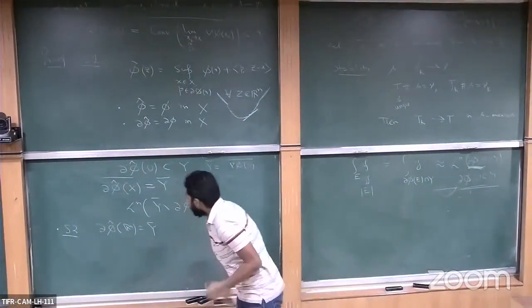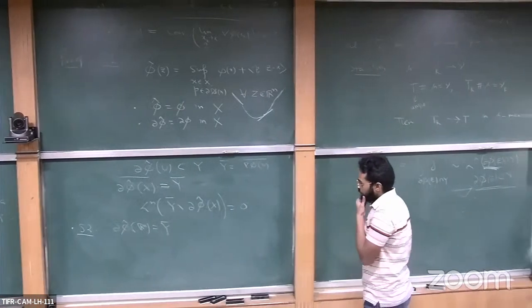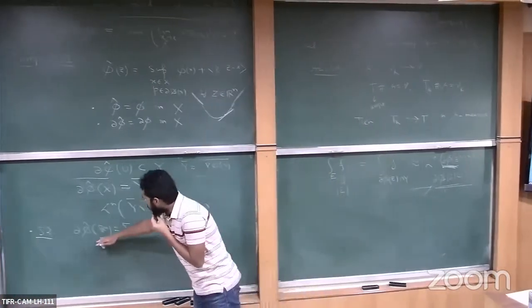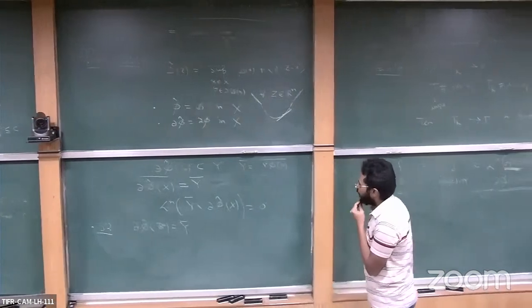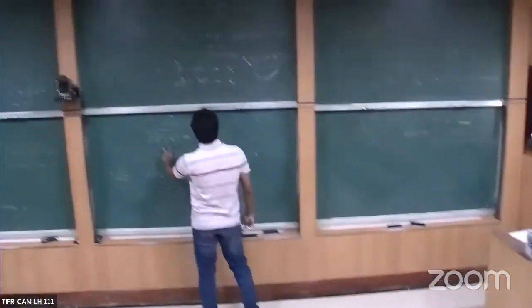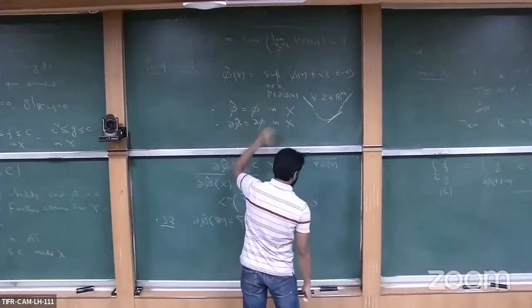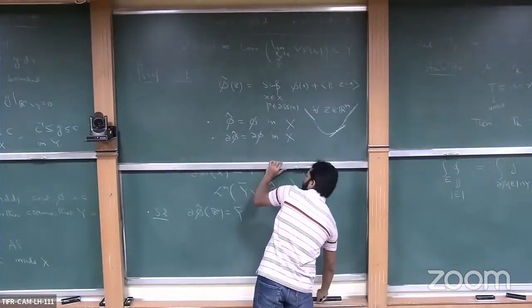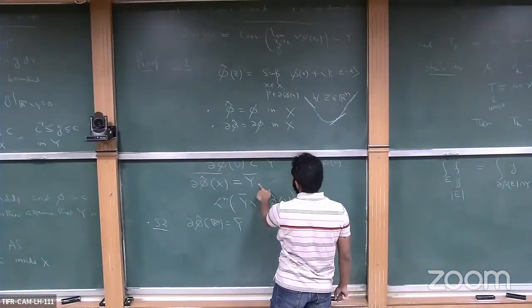All right. So now let us try to see what is the equation satisfied by phi hat over R^n. Okay. So once we take the closure, let me modify my definition of phi hat. Okay. So remember that y is bounded, right?